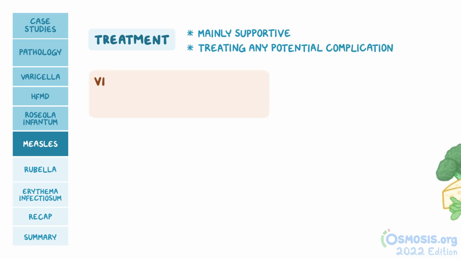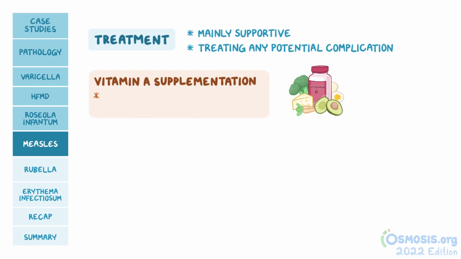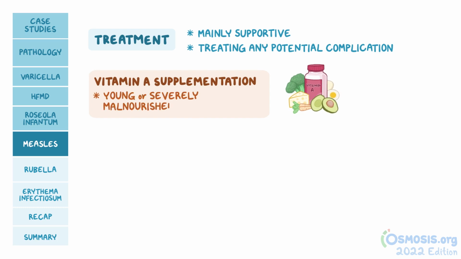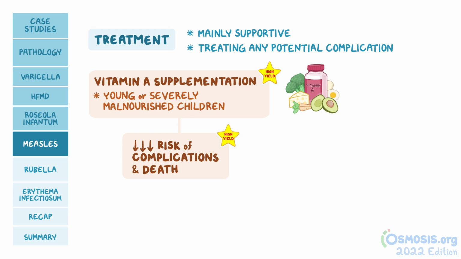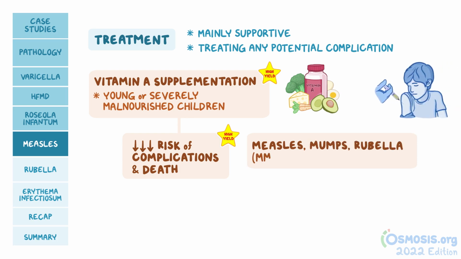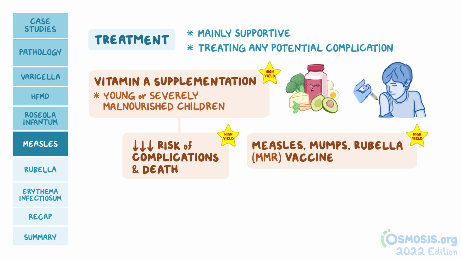In addition, vitamin A supplementation can be given to young or severely malnourished children, which acts as an immunomodulator that boosts the immune response and decreases the risk of complications and death. The good news is that measles can be prevented with the measles, mumps, rubella, or MMR vaccine, which is a live, attenuated vaccine.